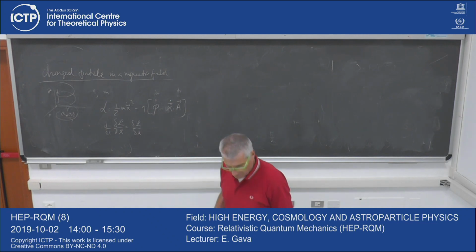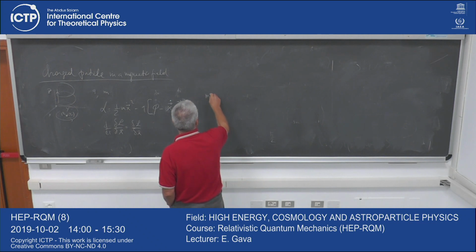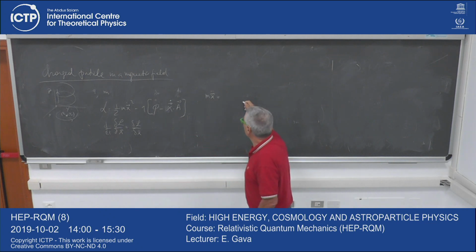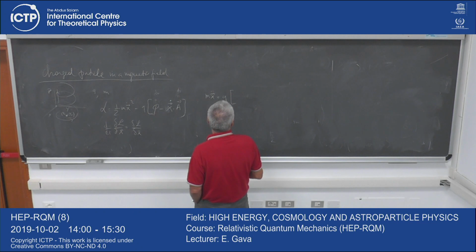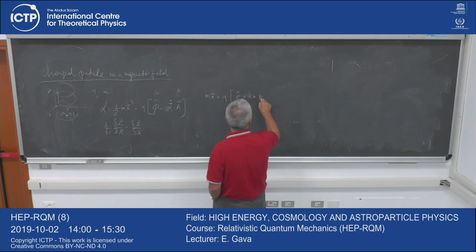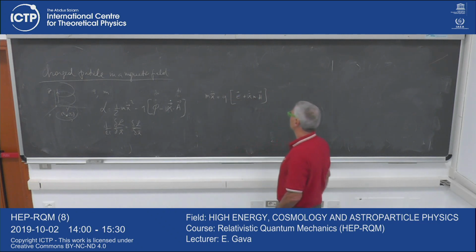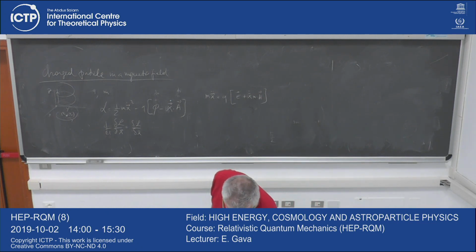You find that the force, m x double dot, is Q times the electric field, let me put E, plus x dot cross H. This is what you get.